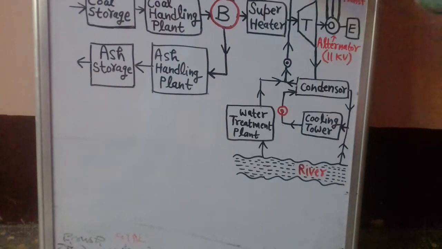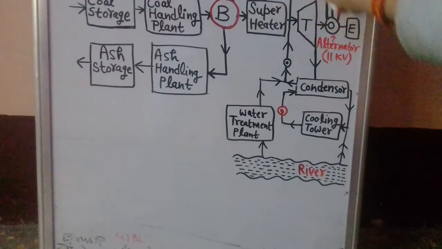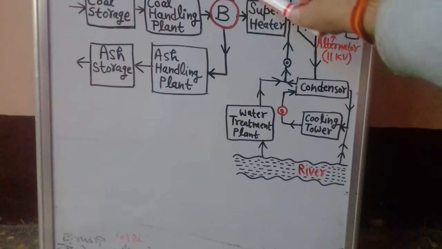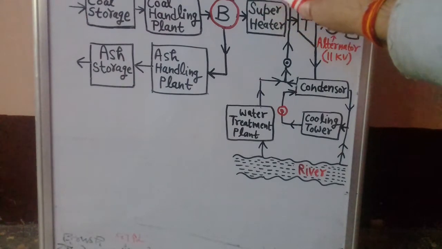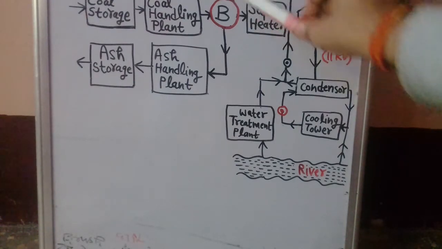So now from here, you see this is the air preheater. What is the job of the air preheater? The air preheater increases the temperature of the air supplied for burning coal, by using the heat energy of the flue gases.